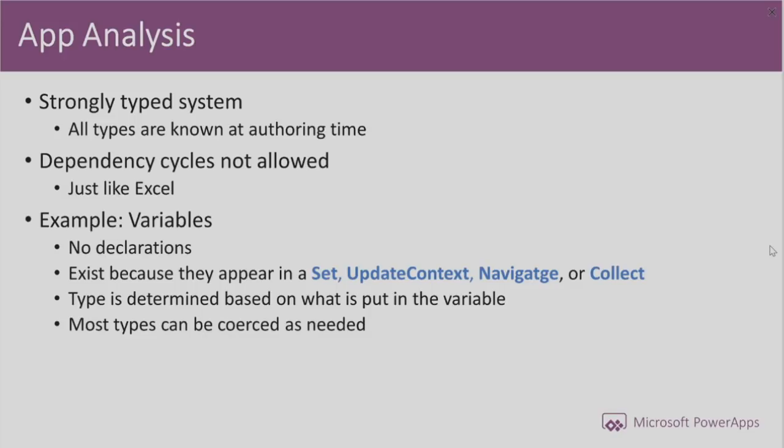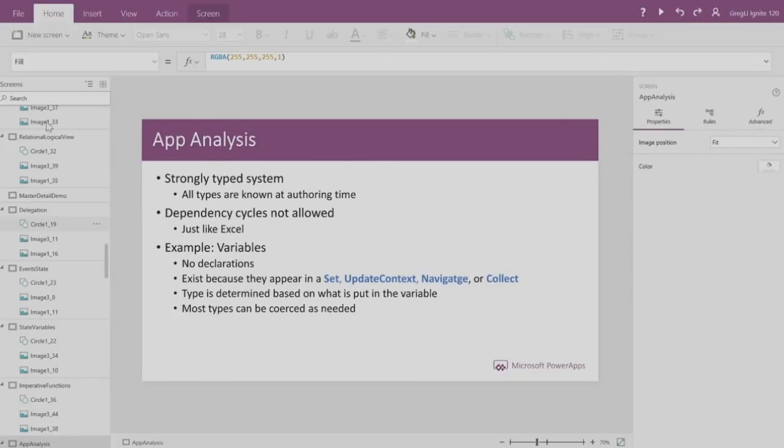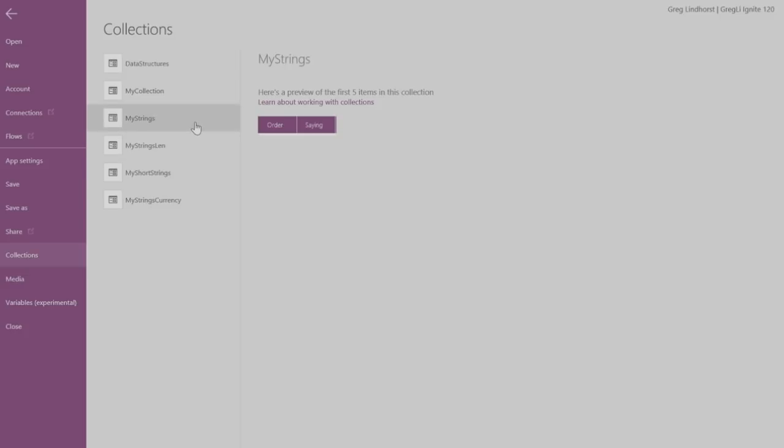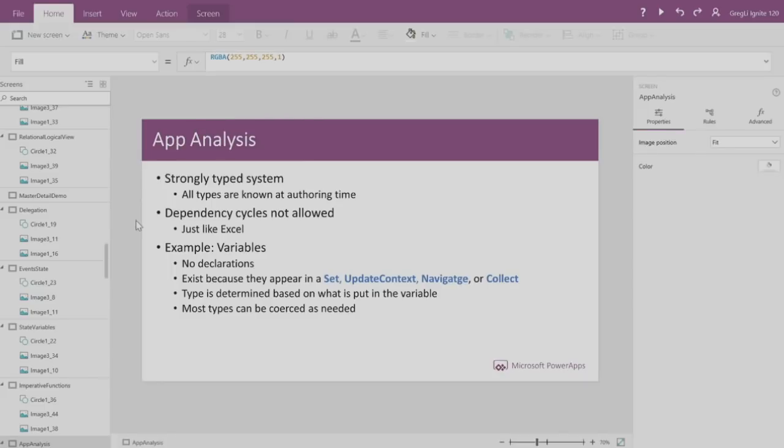If you use a value in a collect statement we haven't seen before, okay, that's a new collection, and we've got its type now. If you use a collection in two different dissimilar ways, we will take the union of the two to create a type that covers both of them. That all happens automatically. So like I was showing you a moment ago, the collections, I didn't declare them, and I haven't even used them yet. But like this guy, I'm about to show you it's used. It's empty right now, but it already knows the column names because I have a collect statement which defines those.